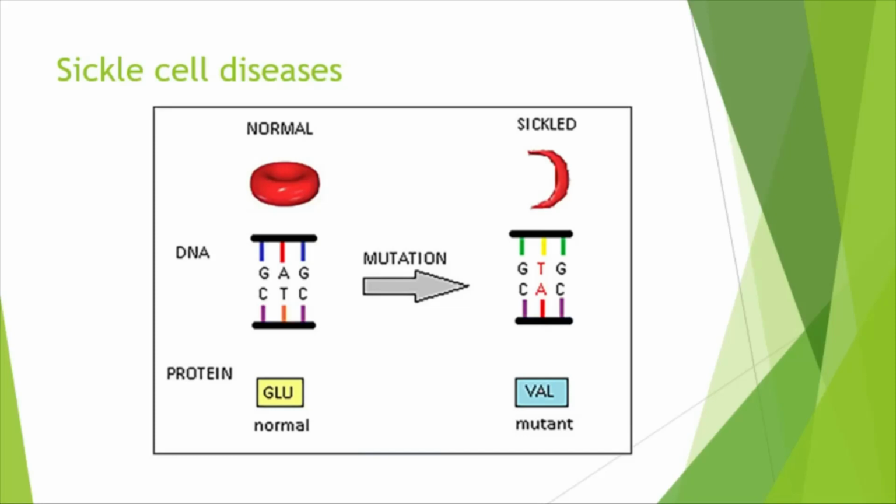That's why during translation it changes. The normal should be glutamine, but when it was translated, it becomes valine already. So this is a mutant protein already. That's why this caused the sickle cell hemoglobin in people who have sickle cell disease.